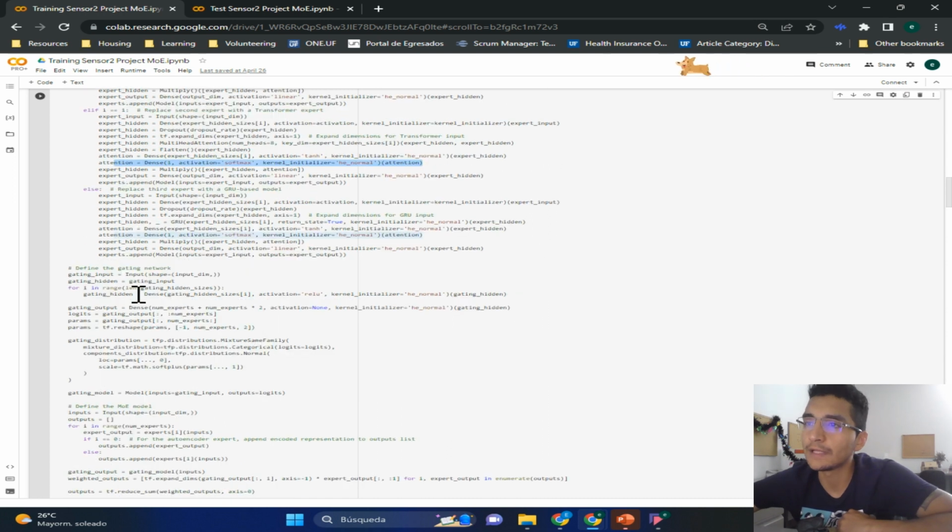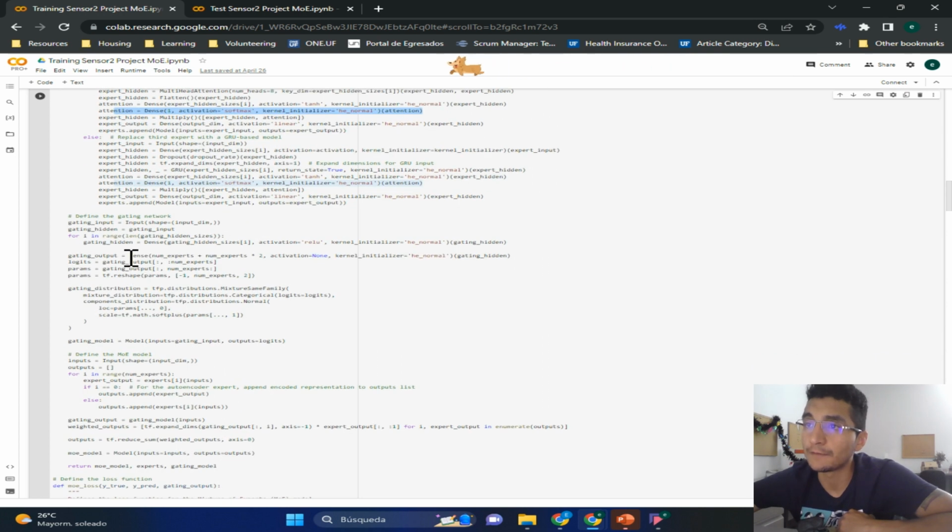And then we have the gating network. Over here we have the definition: the gating network takes as input all the outputs of the models, and then it sets up all the parameters of the gating network, which are the parameters of our distributions. Over here is where the Gaussian mixture model is happening.